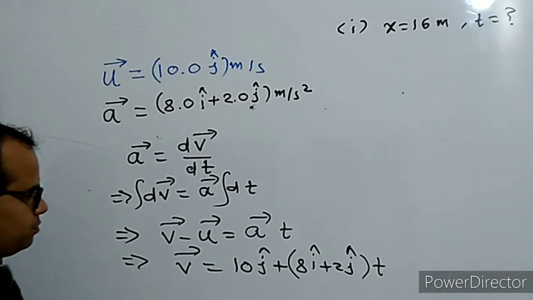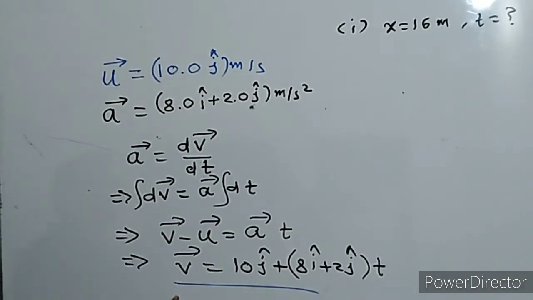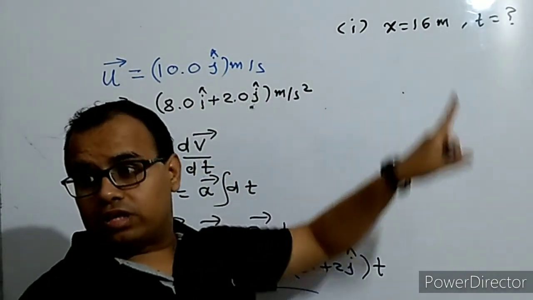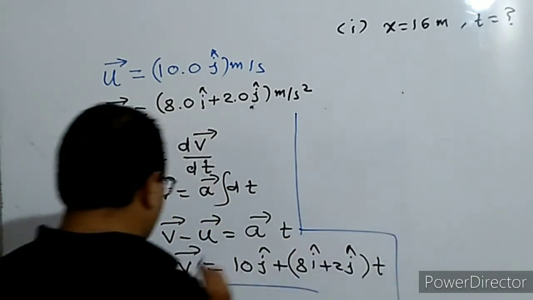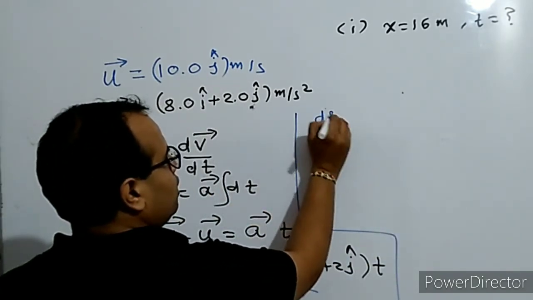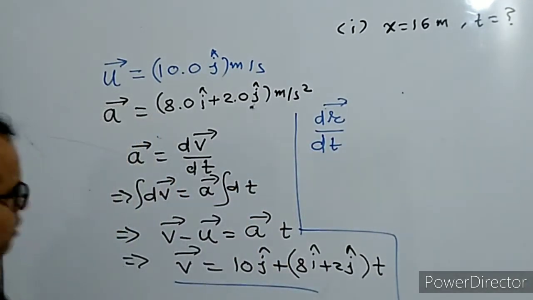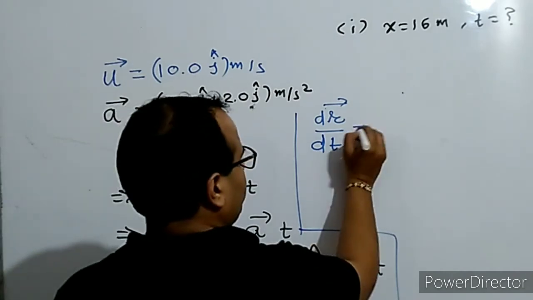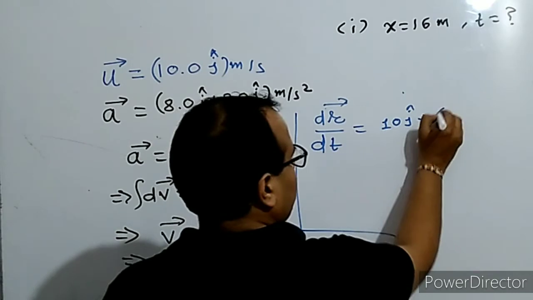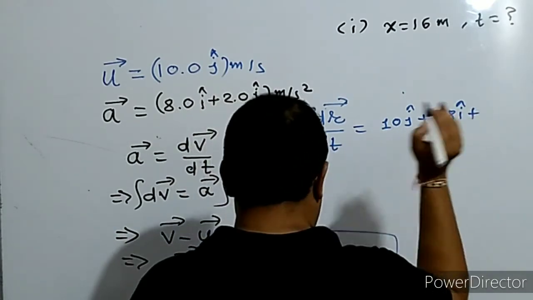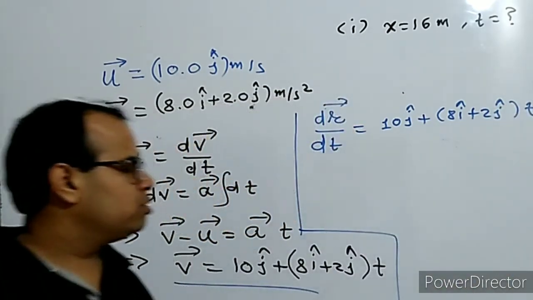Now this is the v vector. Now we have to find the x coordinate. For that we need the displacement vector, and to get the displacement vector we can write v vector as dr vector by dt. Dr vector by dt is equal to 10 j cap plus (8 i cap plus 2 j cap) t.